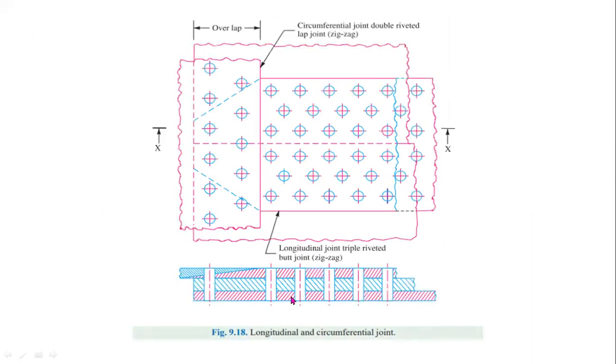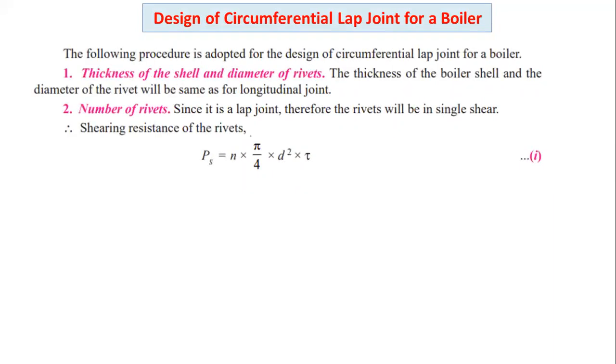Now I am going to explain about circumferential lap joint for boilers. For determining the thickness of the shell and the diameter of the rivets, you can use the same procedure as discussed in longitudinal joints. And for determining the number of rivets required to join the plates, you have to use this formula.